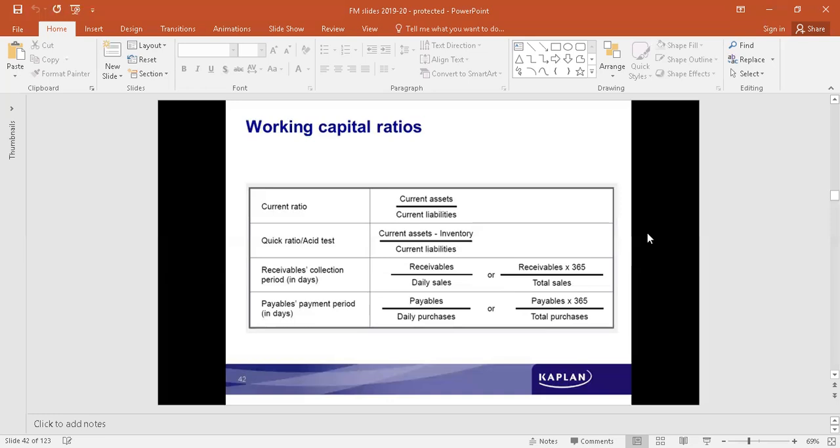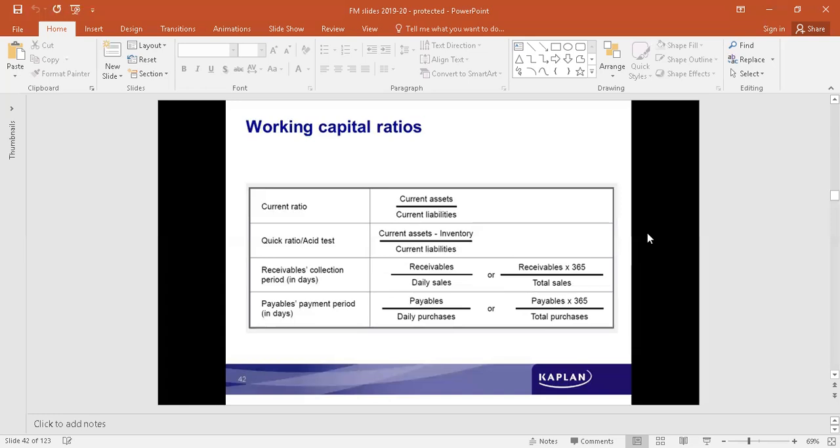So quick ratio is equal to quick assets divided by current liabilities. Normally here only inventory is considered a non-quick asset. Individually, under current assets we have receivables, inventory, short term investments, and cash, which is absolute cash in the cash box or in the bank, or in securities which can be easily sold.